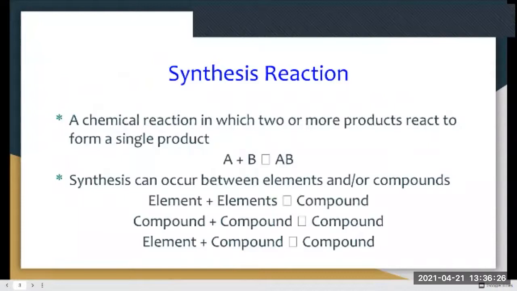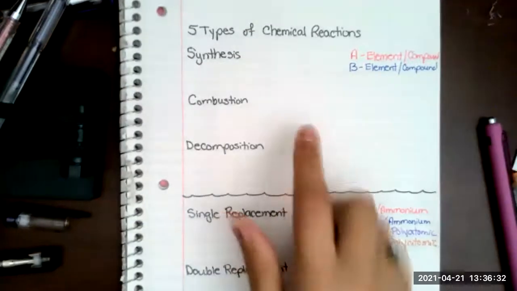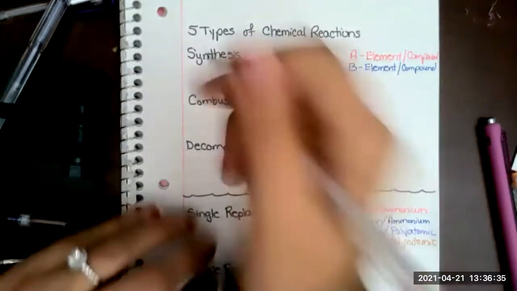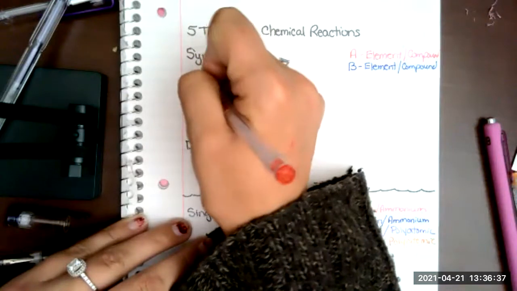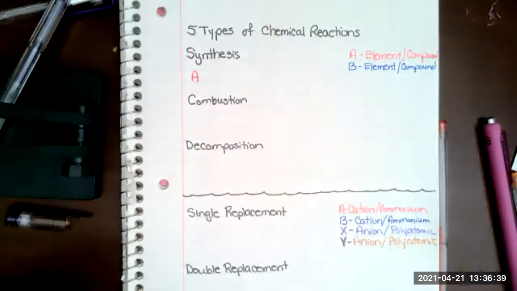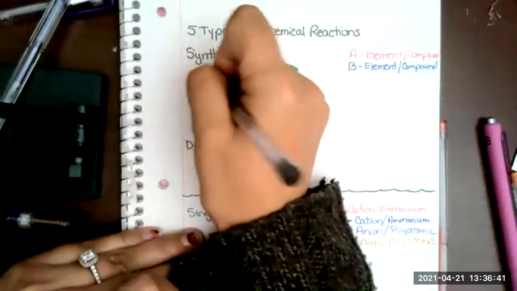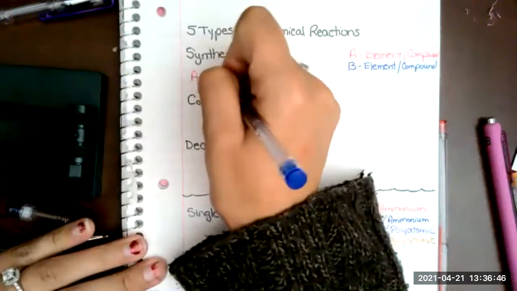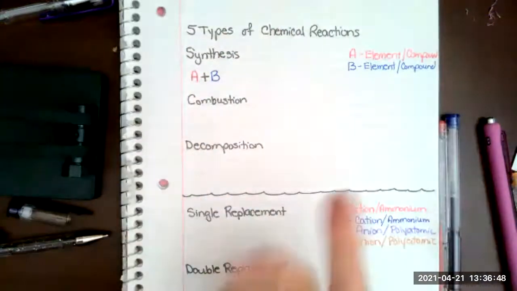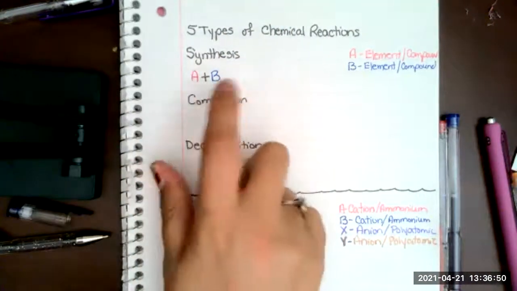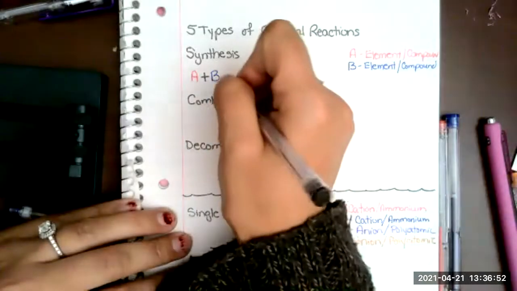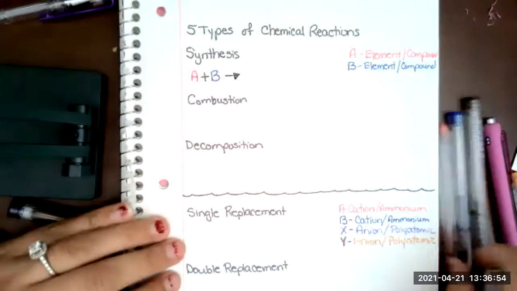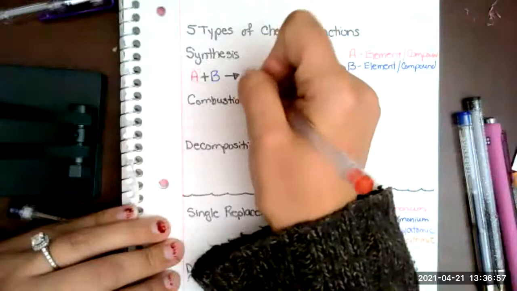So let us go ahead and write down our synthesis reaction on our sheet here, where it becomes A, and this is where you're color coding, plus B. So many things, A plus B, you're adding things together, forms AB.